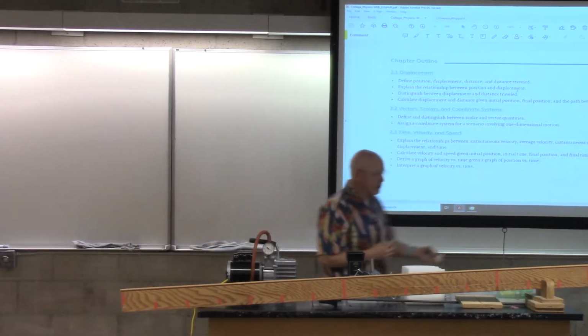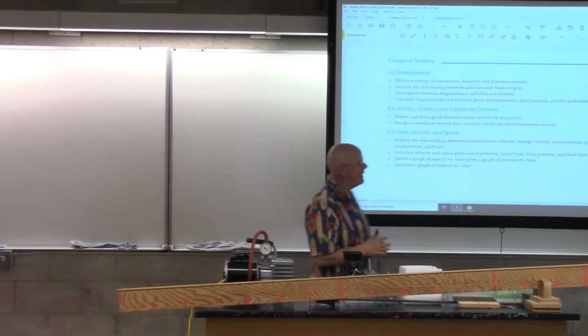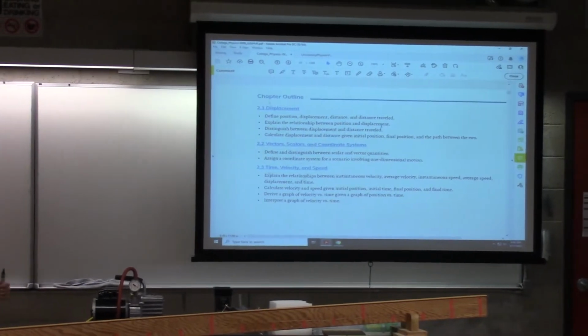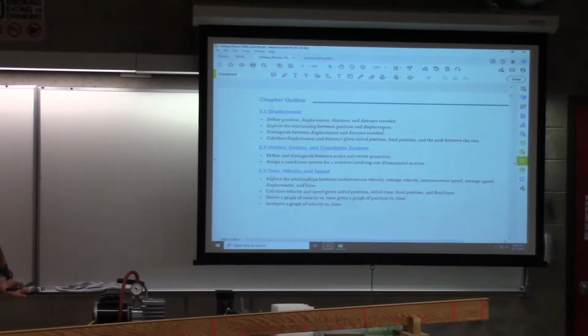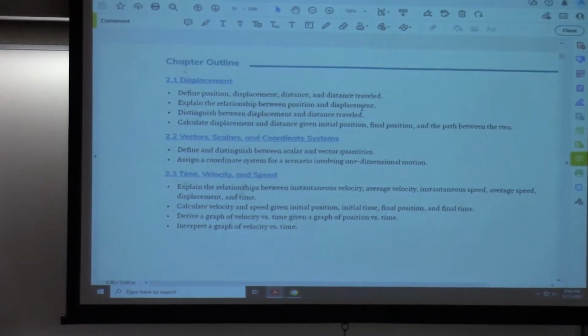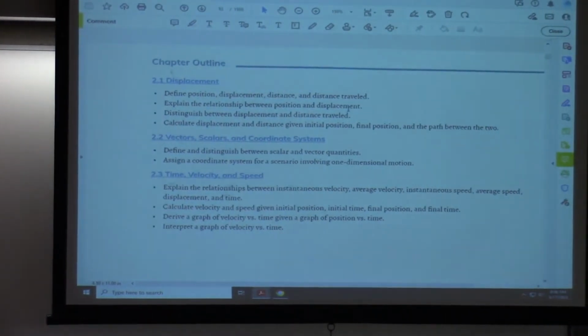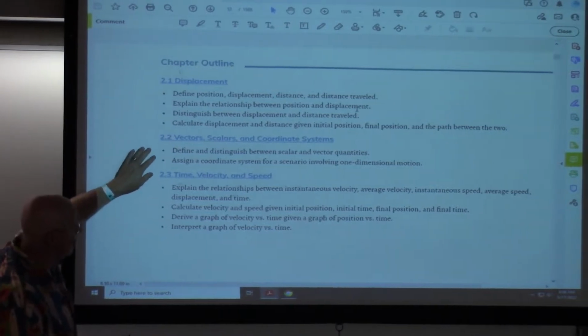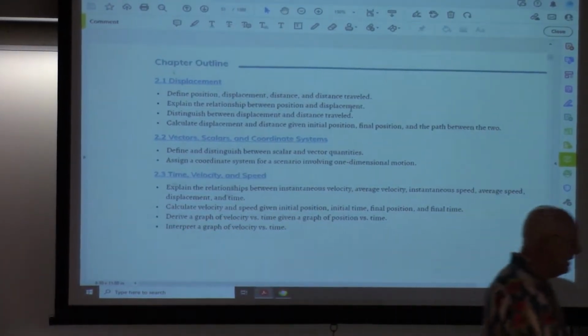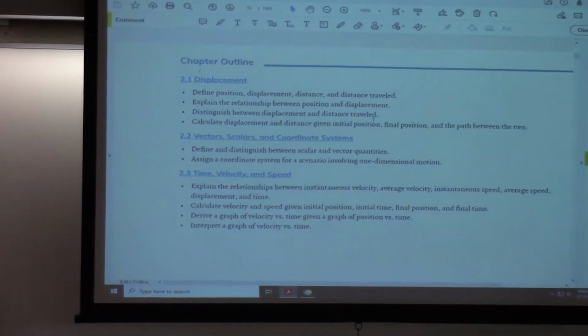Now, your author does a good job, and in order to save time, I'm just going to point out the beginning of the chapter where your author says, what's this chapter all about? And I think I just summarized it even more so than your author does. But here he talks about displacement. He talks about vectors and scalars and coordinate systems. He talks about speed, velocity, and time.